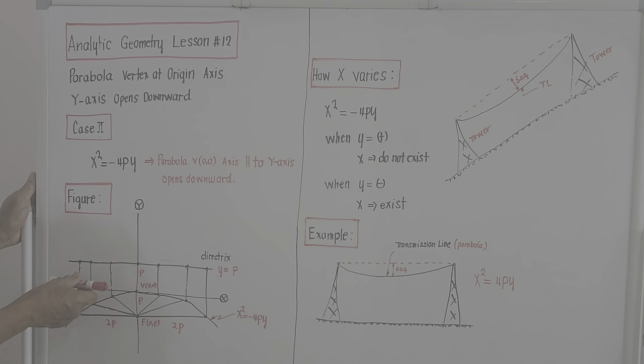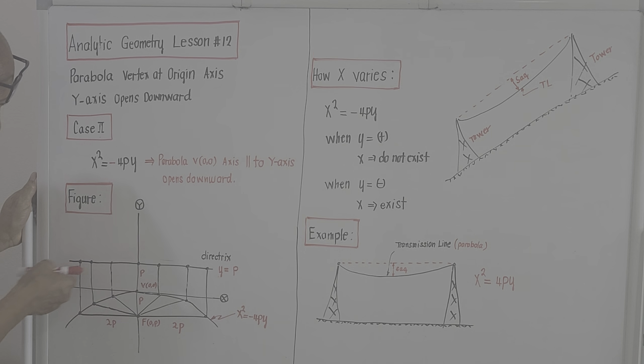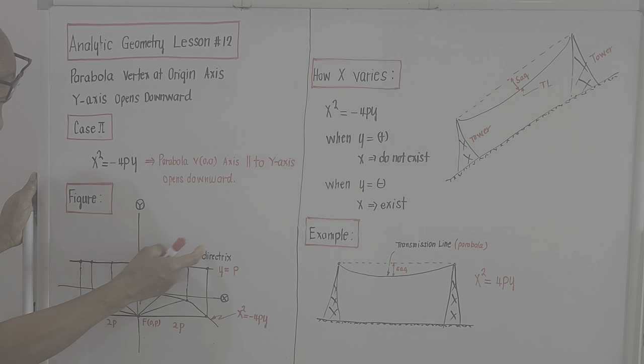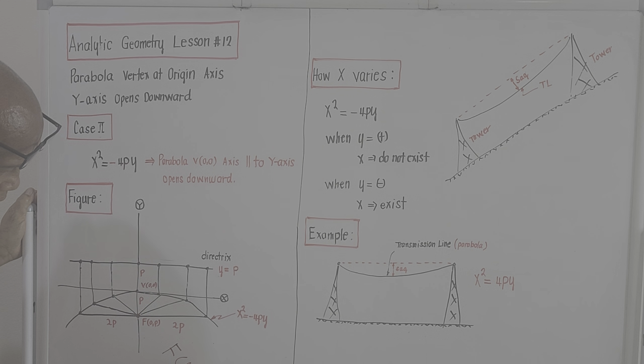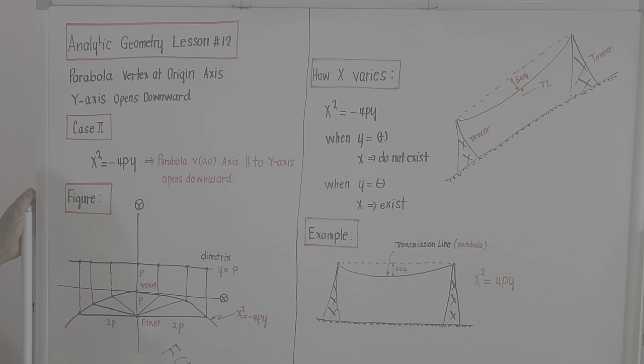There is the so-called fixed line, which is termed the directrix, and there is a fixed point designated by capital letter F, which is referred to as the focus. So for case number 1, which is lesson number 11, and case number 2, which is lesson number 12, directrix and focus are the same.